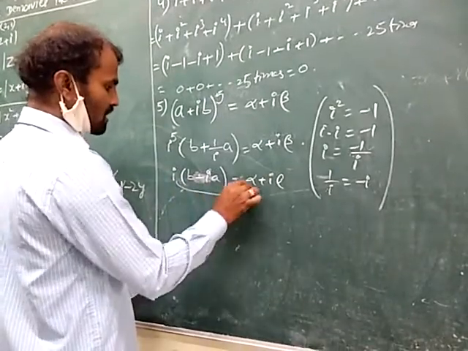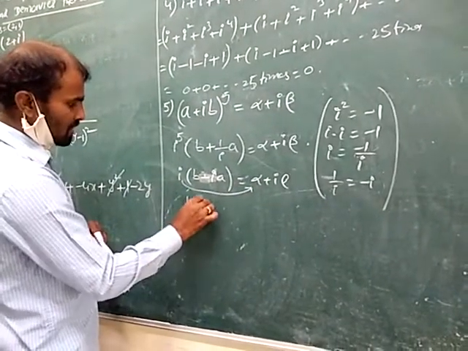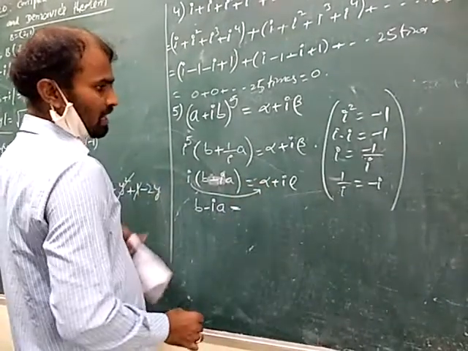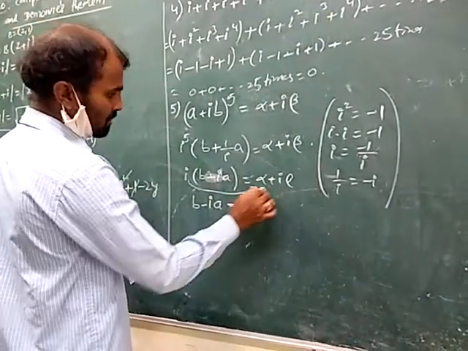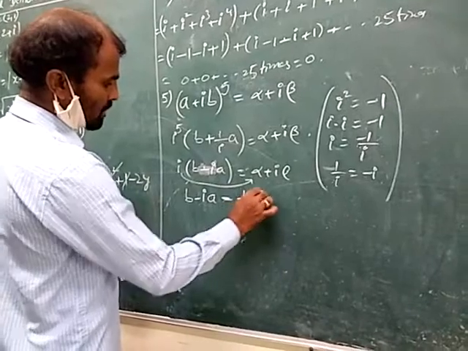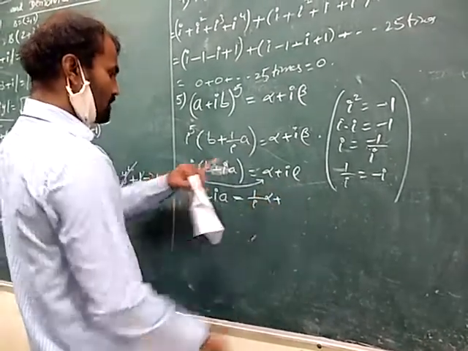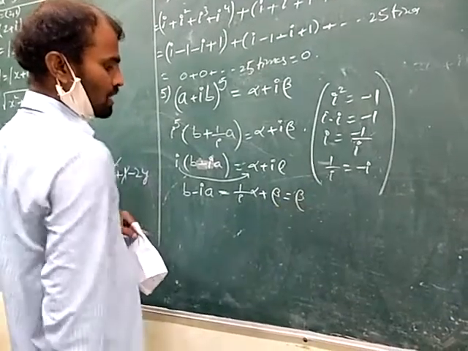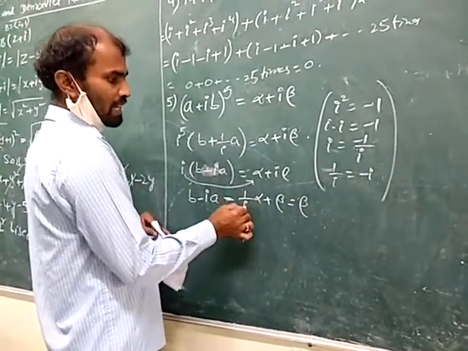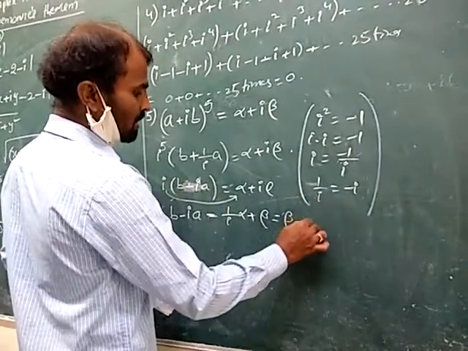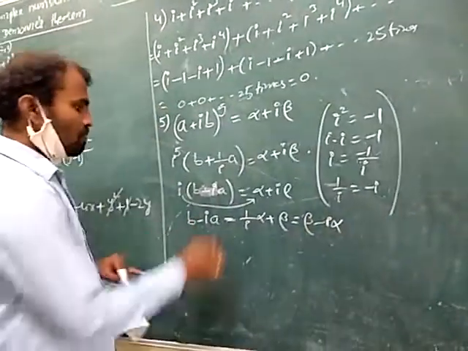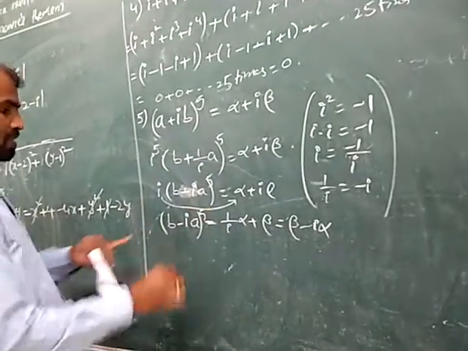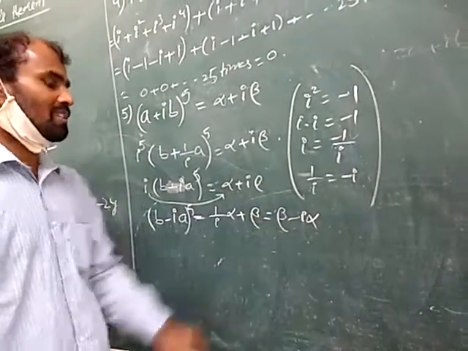Now I bring this to the other side, it becomes (b minus Ia) is equal to (alpha by I plus beta). 1 by I is minus I, so rewrite like this: beta plus 1 by I alpha, where 1 by I is minus I. So (b minus Ia) whole power 5 is beta minus I alpha.